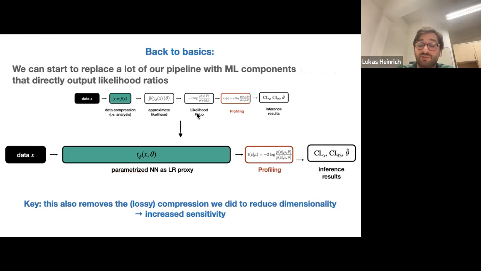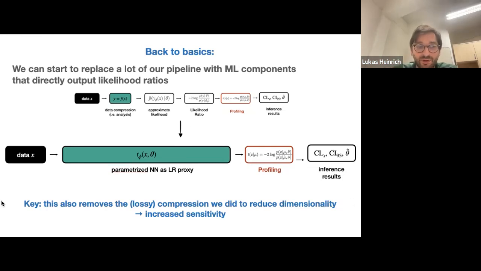And once you have this approximate likelihood, which had all these interpolation and mixture models and all of these different things, you can replace that with something that directly spits out, given the data or a specific event, exactly the likelihood ratio. And then the only thing left to do is that you maybe do profiling, because you want to get the profile likelihood ratio in order to generate the final inference results, that are maybe the confidence limits or maximum likelihood estimates and so on.